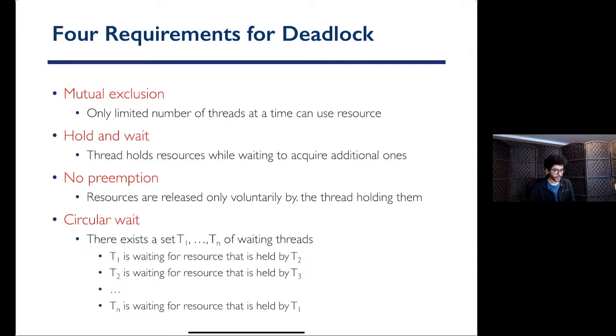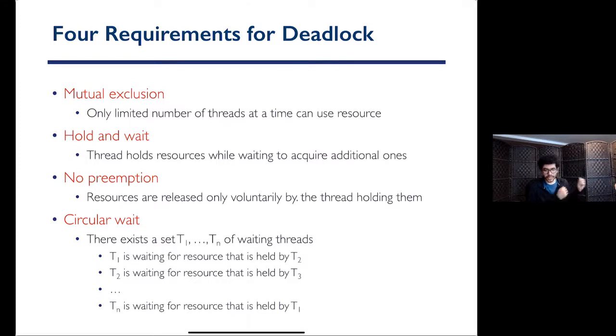Okay, so we talked about the four conditions. Just to remind everybody, in order for you to have deadlock, it's necessary to have a mutual exclusion when threads access resources. We need to have hold and wait, meaning that users will have to hold the resource that they own and then wait for the resource they want.